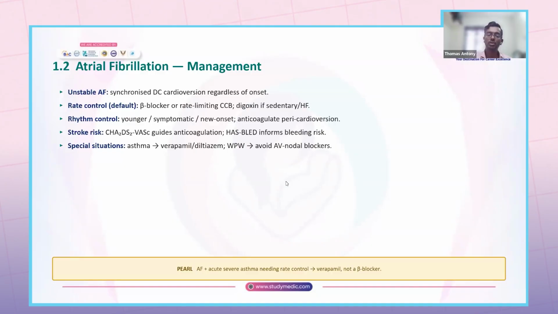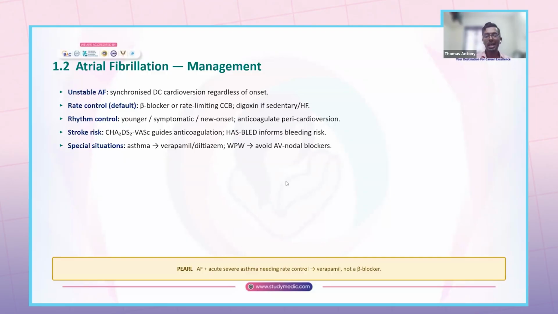Again, in WPW syndrome, avoid AV nodal blockers. In rhythm control, we have electrical cardioversion, and even drugs like flecainide or amiodarone. If the patient has structural heart disease, we might have to focus on amiodarone. If the patient does not have structural heart disease, the drug preferably would be flecainide.